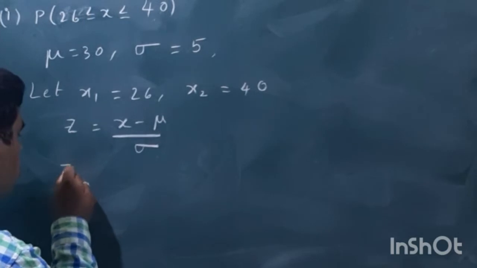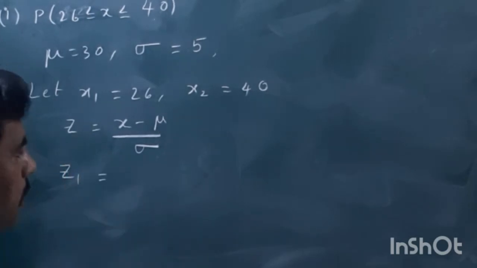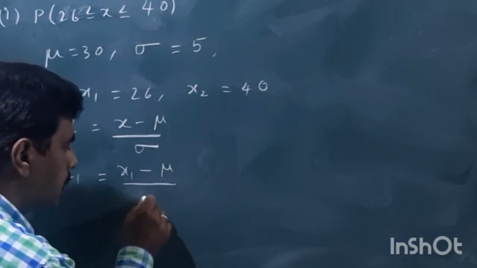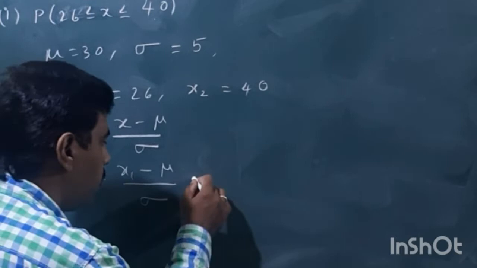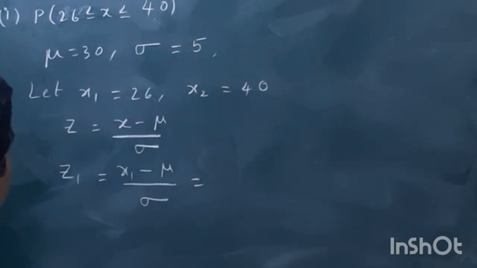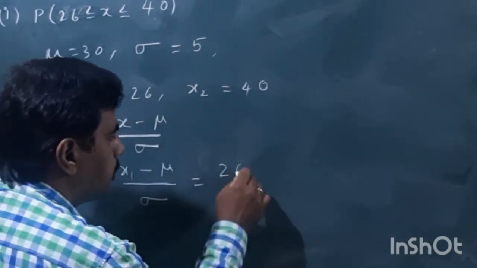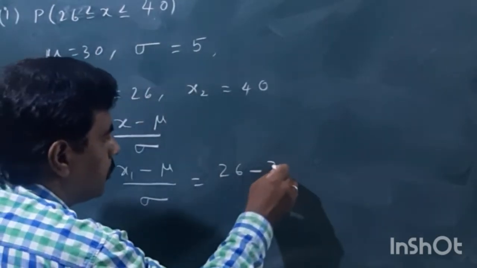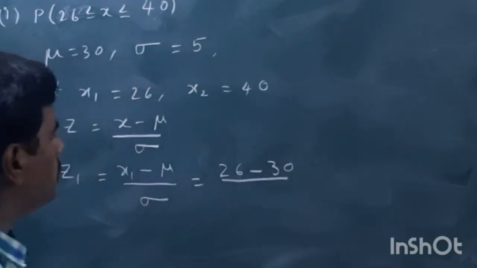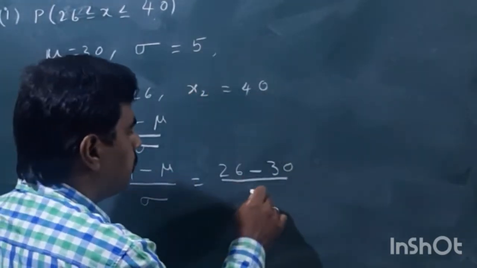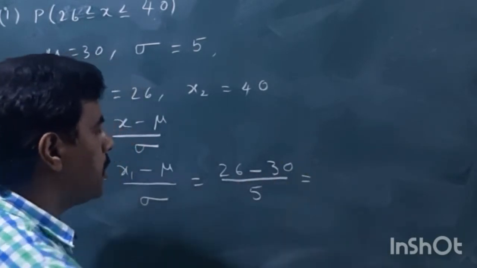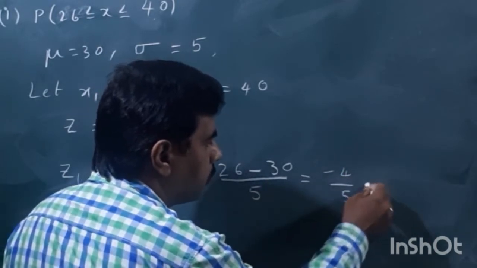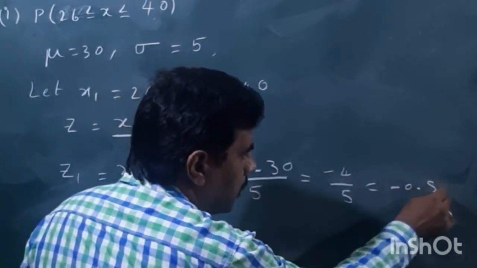Now the z1 value is x1 minus mu by sigma. The x1 value is 26, so 26 minus mu, the mean value, 30, by sigma value 5. 26 minus 30, that is minus 4 by 5, which is nothing but minus 0.8.